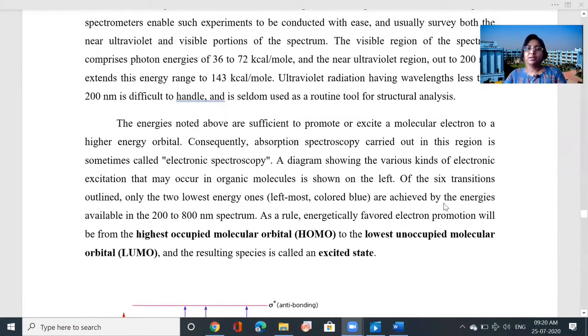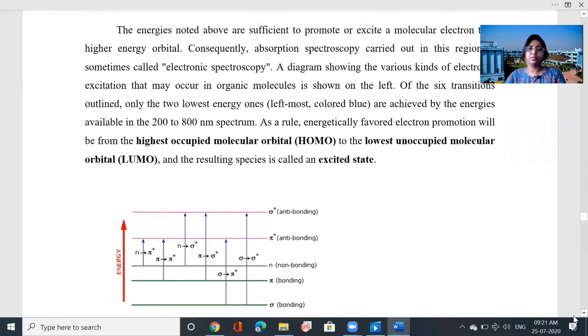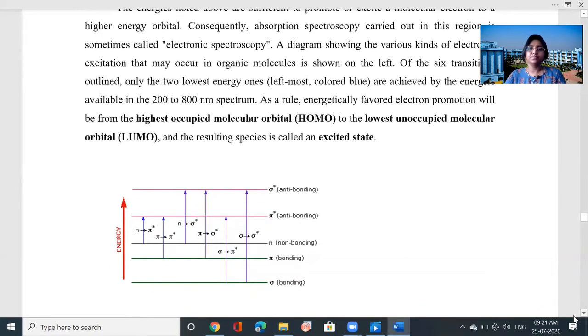Now I will show a diagram of various kinds of electronic excitation that may occur in an organic molecule, shown on the left. Of the 6 transitions outlined, only the 2 lowest energy ones, leftmost, colored blue, you observe here.